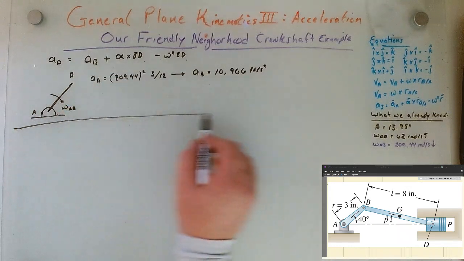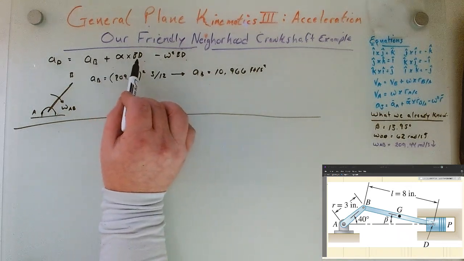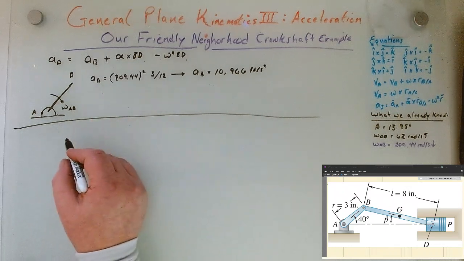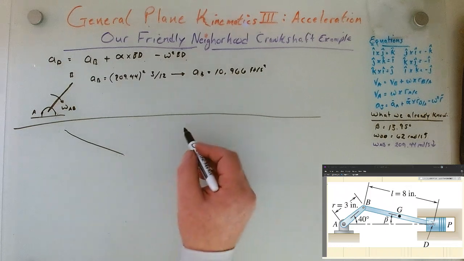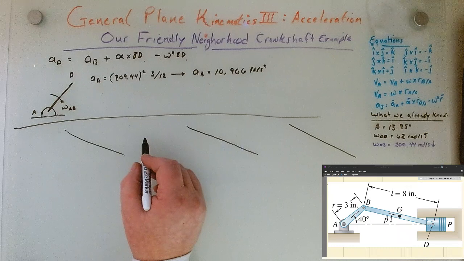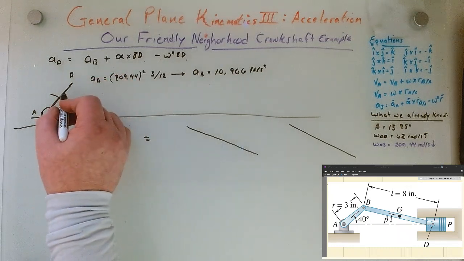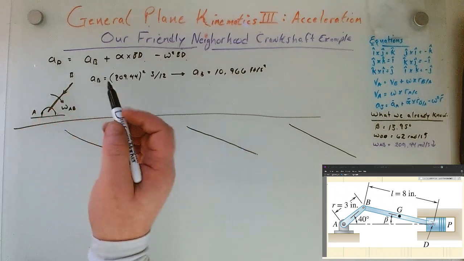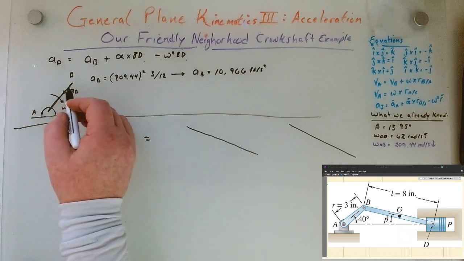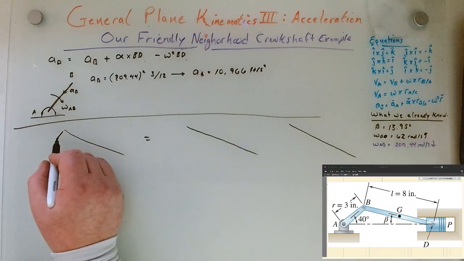And we need to think about alpha of BD. So what is BD? We've got this bar, and what we're going to end up needing is these structures again. By the way, this acceleration is in the normal direction, so A_B is along the normal axis, so that goes that way.